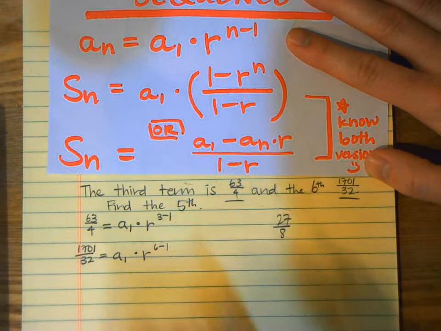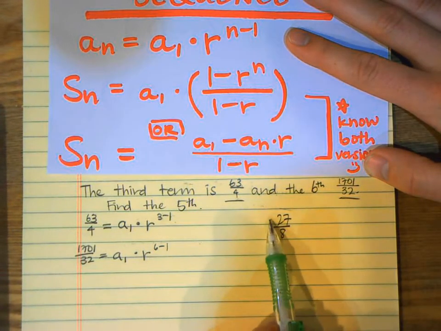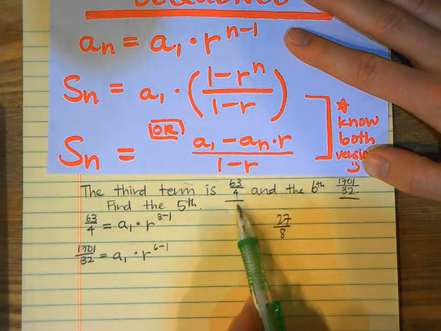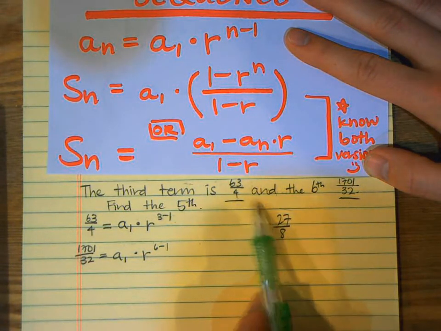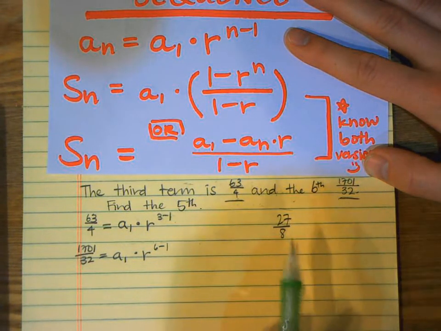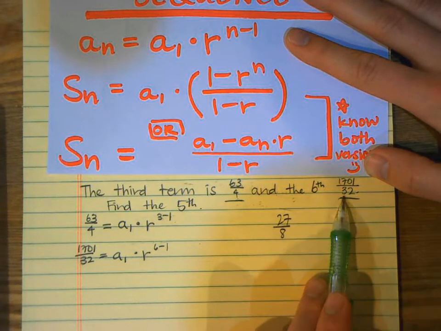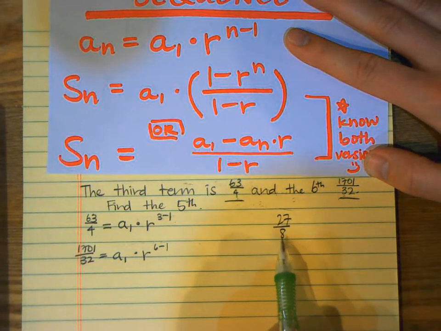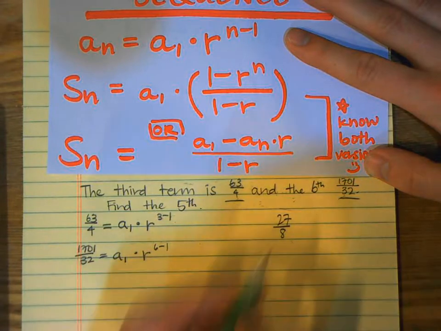Now that doesn't give me any answers immediately, but what I do know is that there are 3 jumps in between the third and the sixth term. There's the fourth, fifth, and then sixth. So that means each time we're multiplying by some ratio, by some exponent.